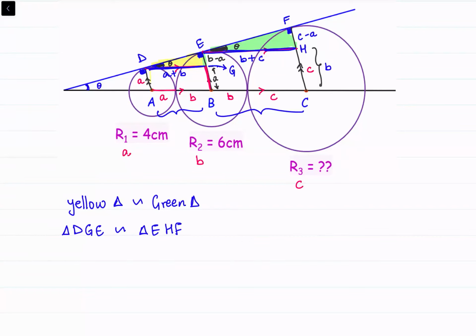Triangles are similar, thus the ratio of the corresponding sides will be equal. So here corresponding sides I'm taking are DG and GE. So we get DG upon GE is equal to, similarly here, EH upon HF.